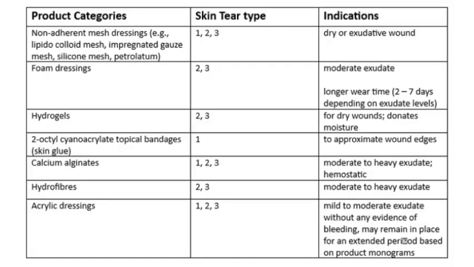So we'll look at this little chart here. It's going to show the different product categories, what type of skin tear it can be used on, and the indication. So we have non-adherent meshes. Now these can be used on type 1, 2, or 3. This is for dry or exudative wounds. These meshes do have little holes in them.